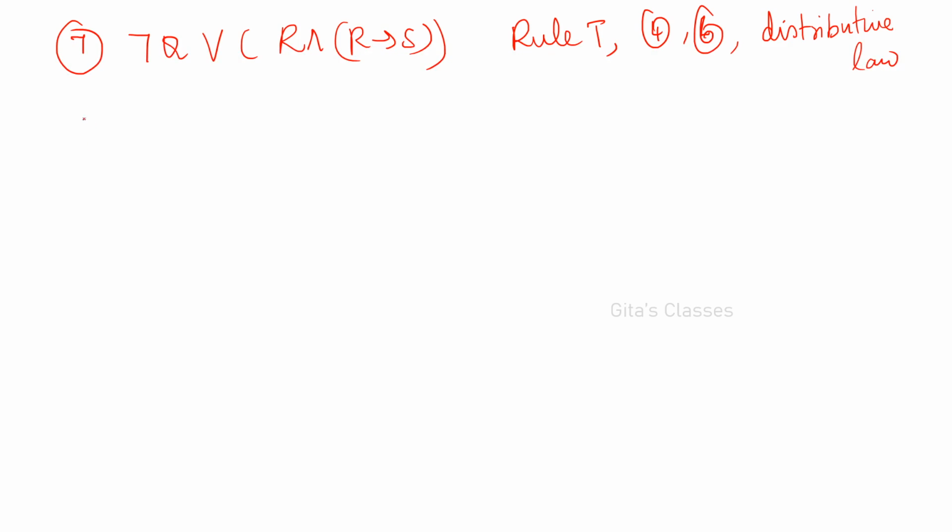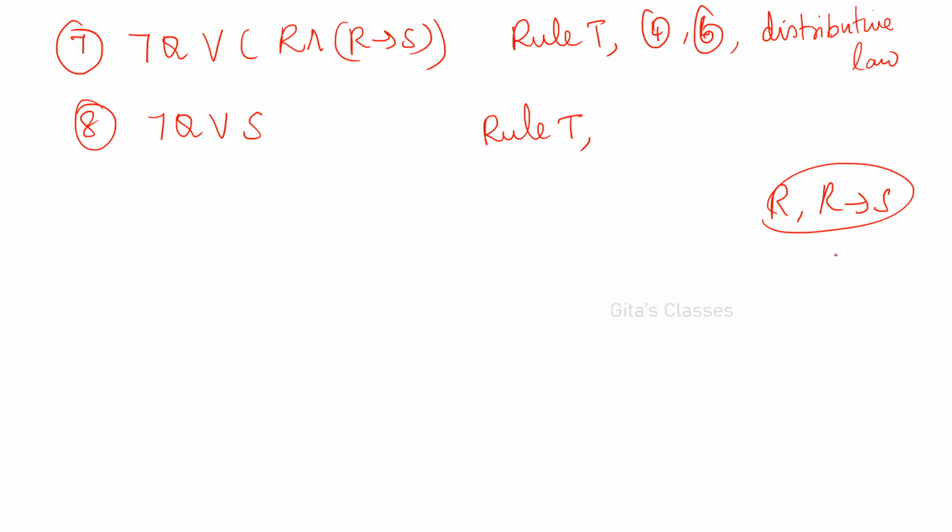Okay, so next one is here, this can be written as not Q or S. So rule T, this is a formula again. R and R conditional S means what? R comma R conditional S. That means what? Using I11. I11 is modus ponens. Okay.